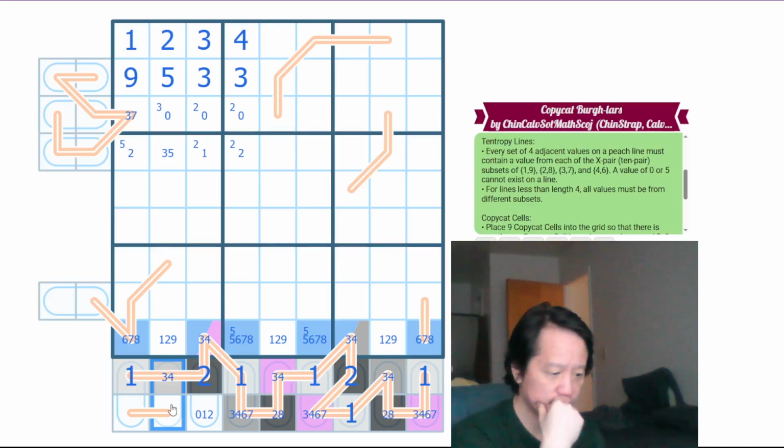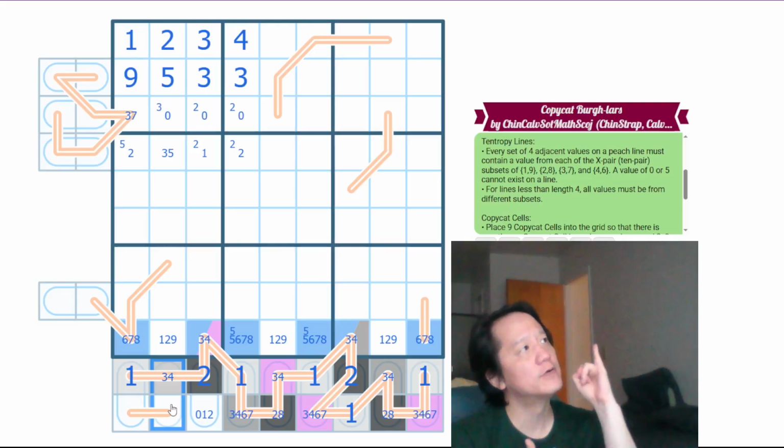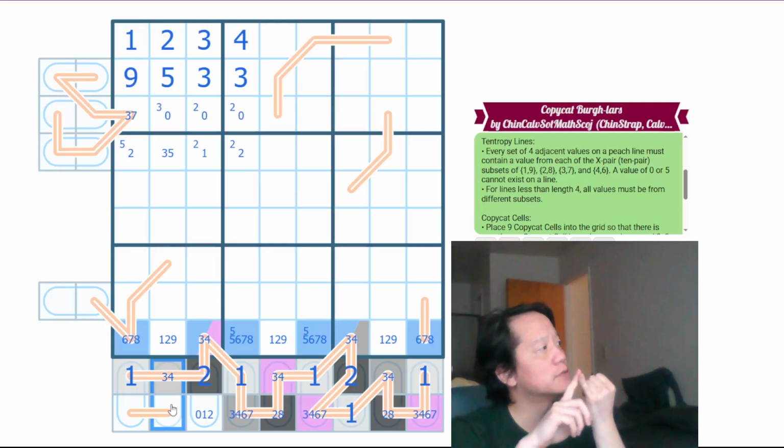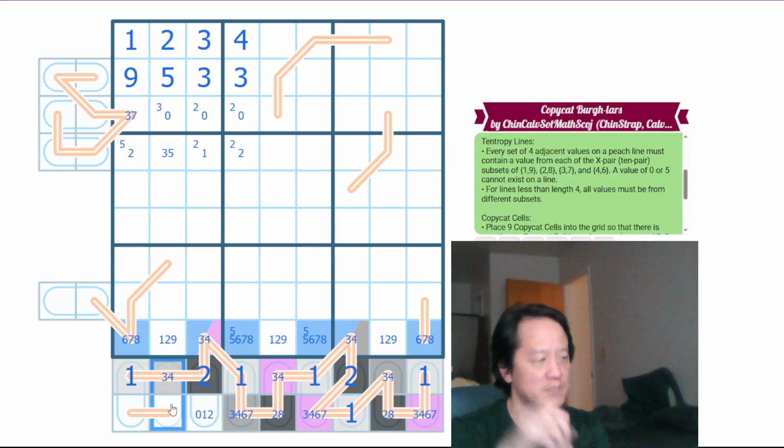Okay. If it's value 2, the most you can have would be 2, 5, because the 9 basically is removed.